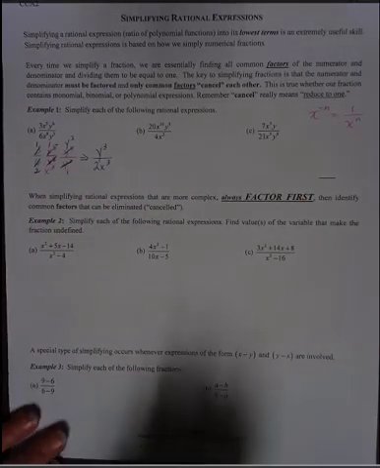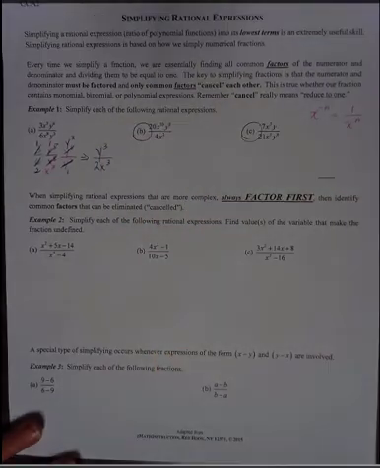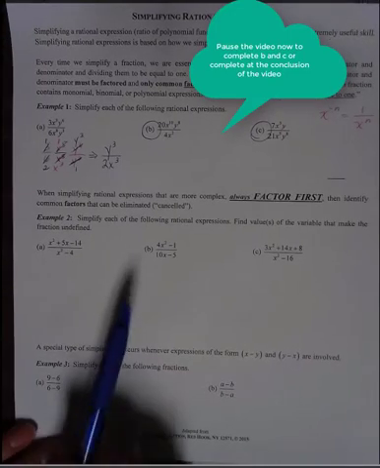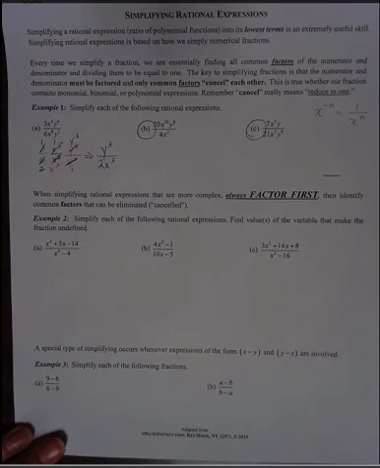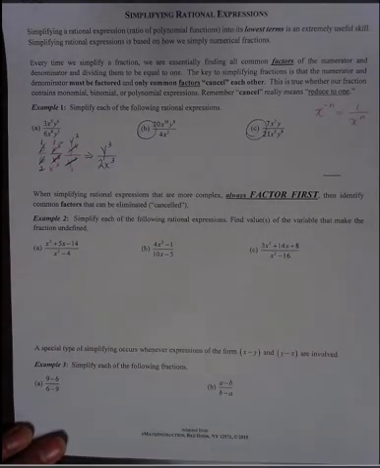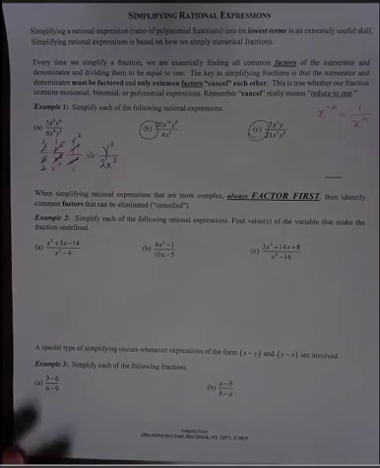Okay. And then I'm going to ask you to either pause the video or after you're done watching the video to go ahead and complete B and C. Okay, let's move down to the next type of simplifying problem. And notice I wrote in bold caps, make sure you factor first. I tell students often UF, UC.